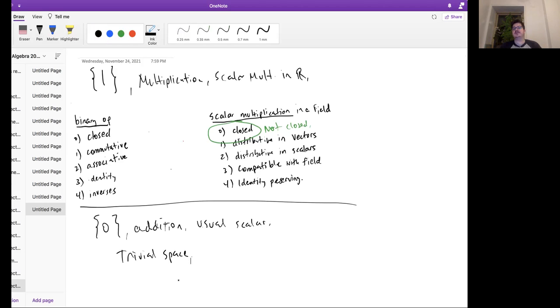Just having the trivial space, meaning just the identity element, does not always give you a vector space. So multiplication is not as nice as addition is, even though there's really nothing to look at. There's only one thing in there. For all intents and purposes, multiplication and addition should be the same, right? But scalar multiplication behaves differently in these separate binary operations. Okay, I just wanted to do that one.